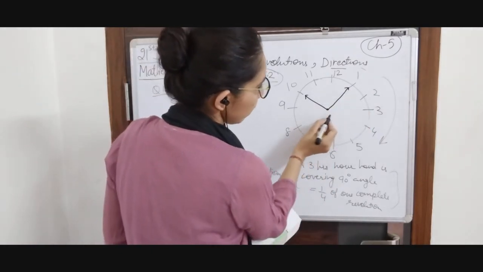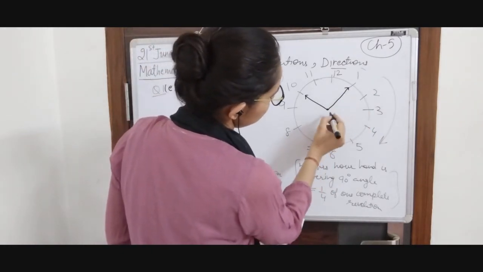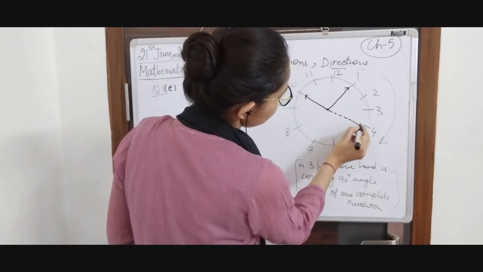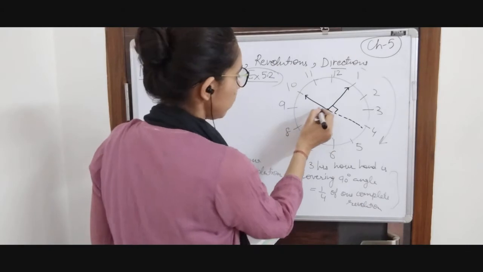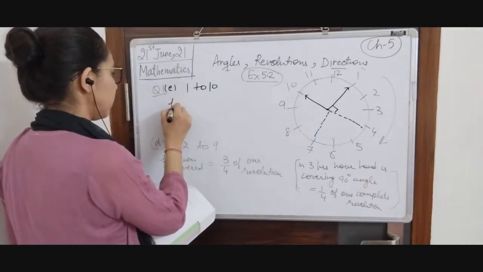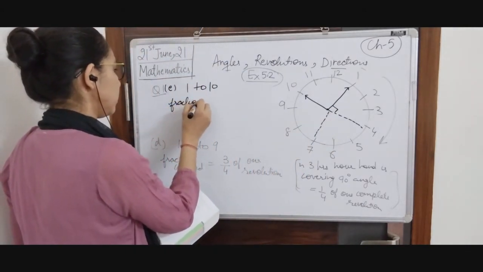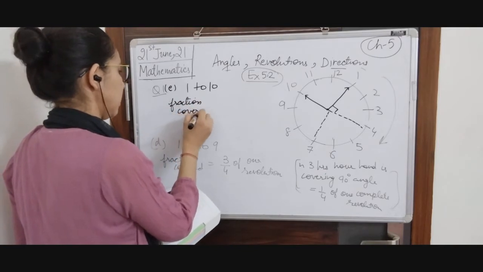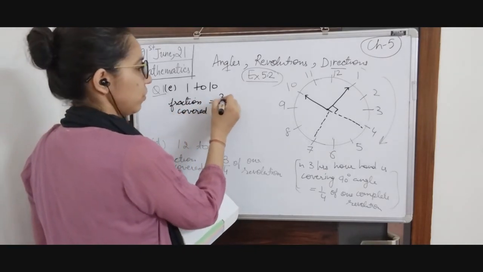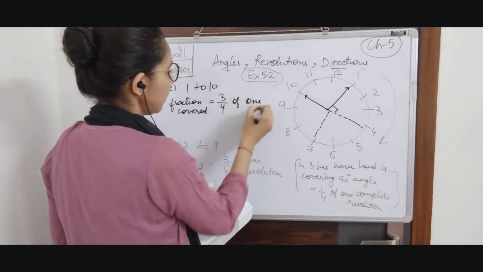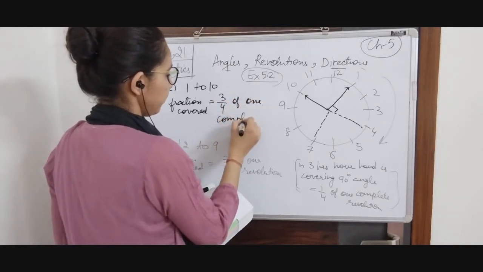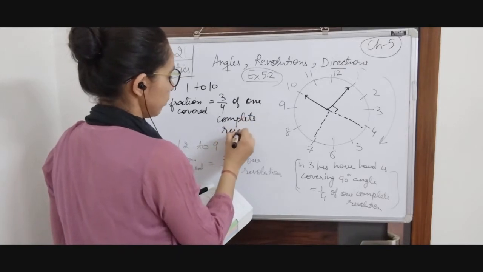So here 1, 2, 3. Here we have one right angle, then 2 right angles, then 3 right angles. So 1 to 10 fraction covered is equal to 3 by 4 of one complete revolution.